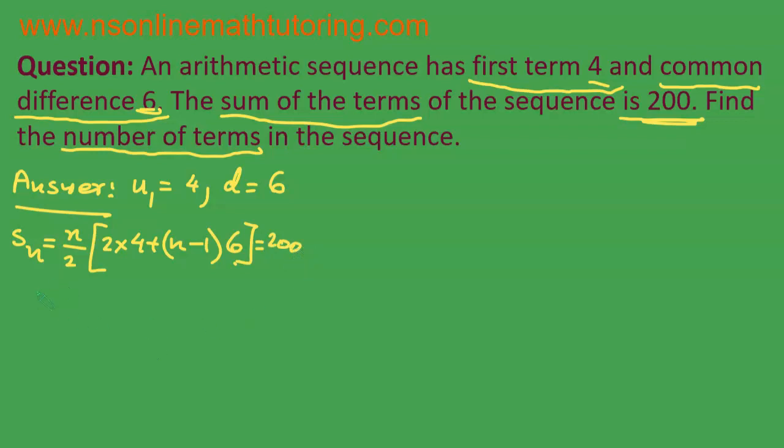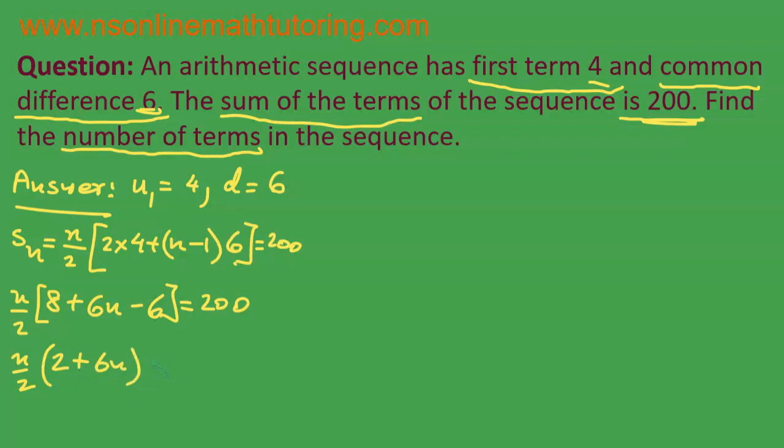So, n over 2 times 2 times 4 is 8, plus 6n, if I open the parenthesis, minus 6, is equal to 200. So, n over 2 times 8 minus 6 is equal to 2, plus 6n, is equal to 200.